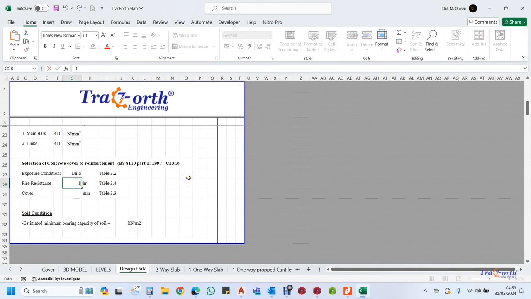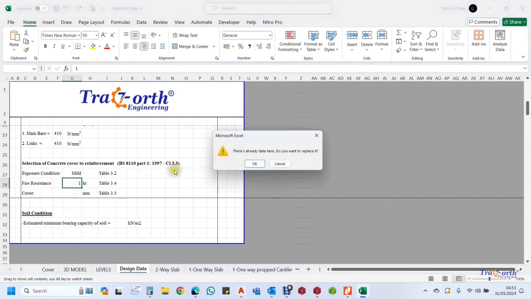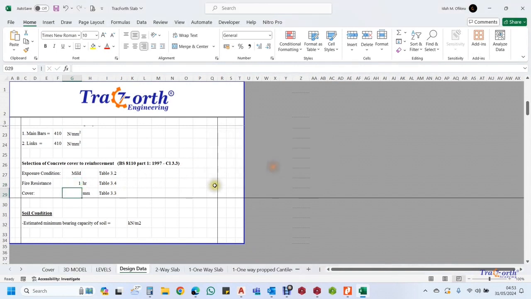So in this case, we are going to be using 1 hour. Or you can even say, okay, 1.5 hours, that you are still very okay. So that means whenever there is a fire incident, your structure should be able to withstand up to 1.5 hours.